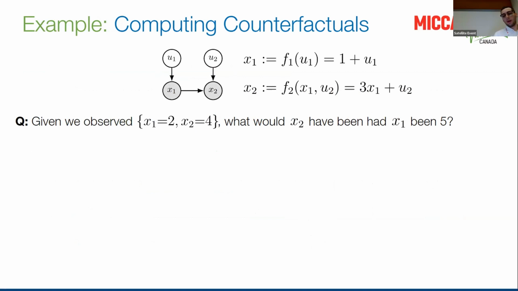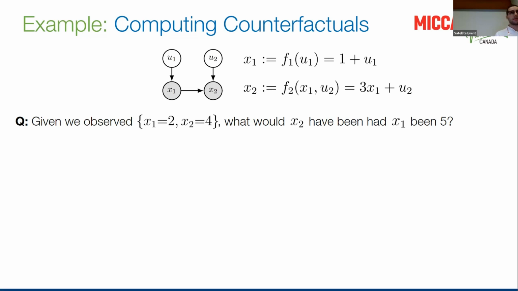Now the form of the noise terms doesn't matter for now, but let's assume it's uniformly distributed. And we have this counterfactual question now. Given that we observed x1 is equal to 2 and x2 is equal to 4, what would x2 have been had x1 been 5?